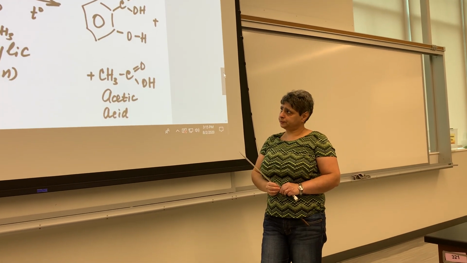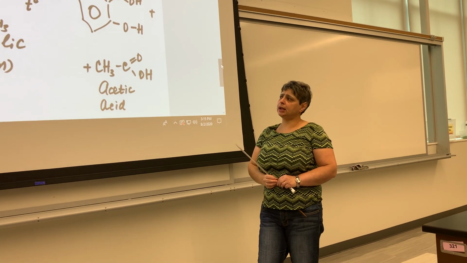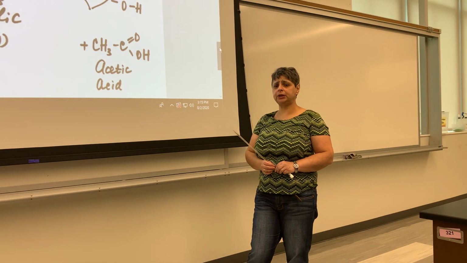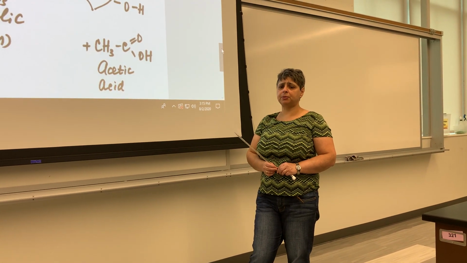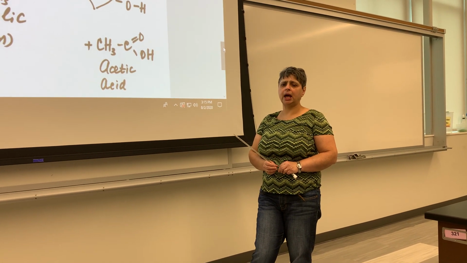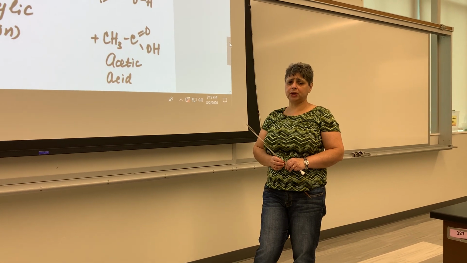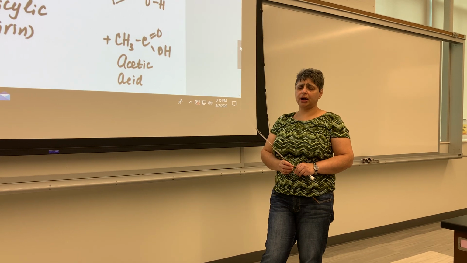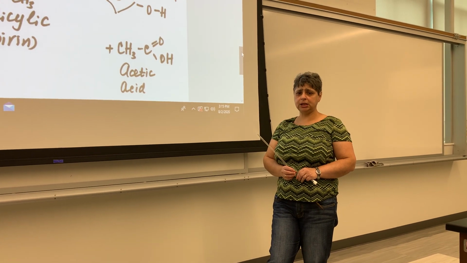For testing and recrystallization of aspirin, you will be using a separate data sheet available as a part of the handout on Canvas. I'd like to also point out you're expected to calculate what's called percent recovery, and percent recovery is not the same as percent yield.